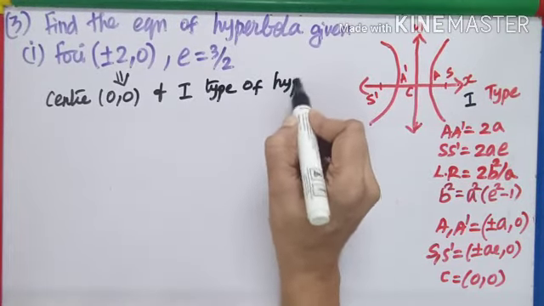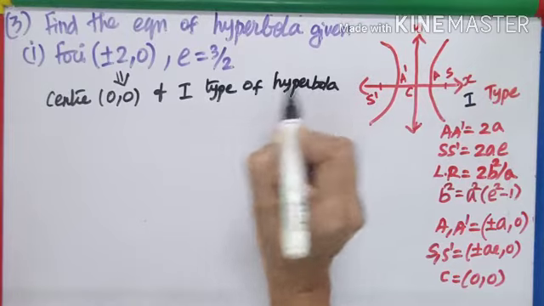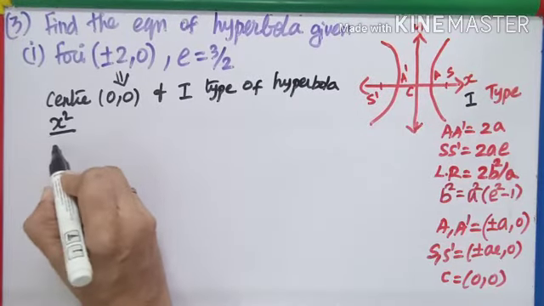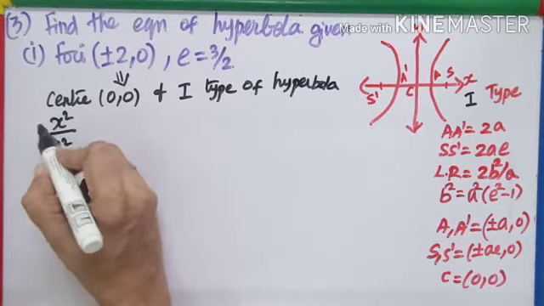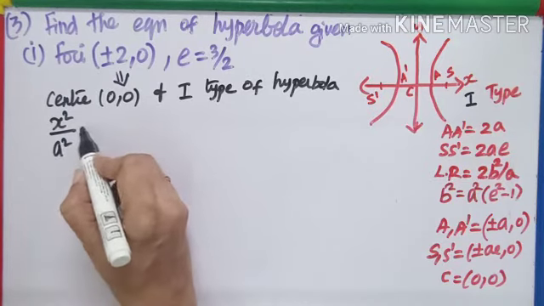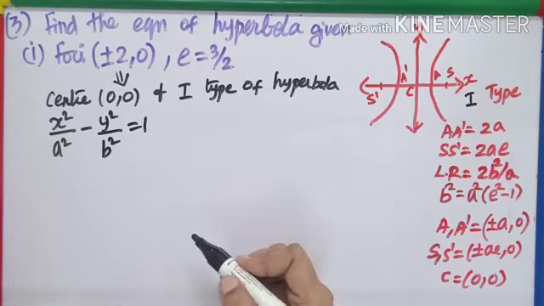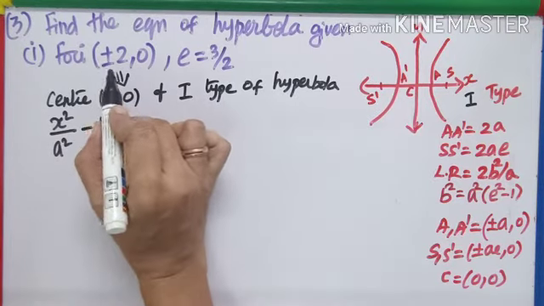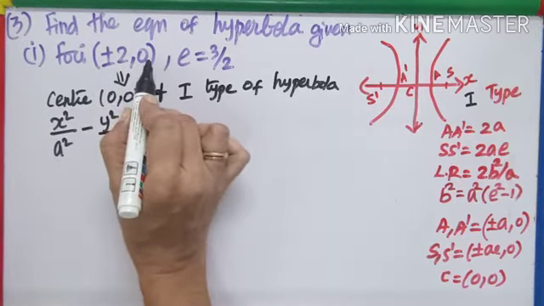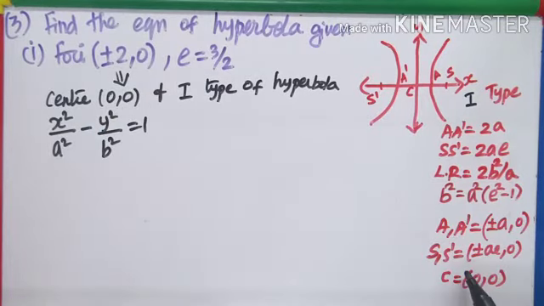How to write the first type of hyperbola? In first type, A square under positive, that is x square by A square minus Y square by B square equals to 1. Compare focus plus or minus 2, 0 with the focus formula.